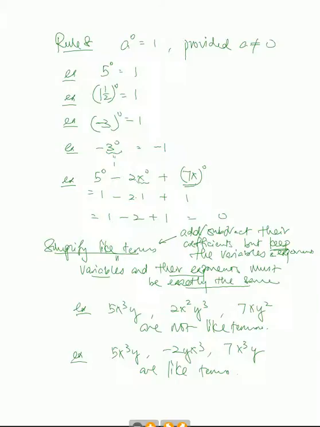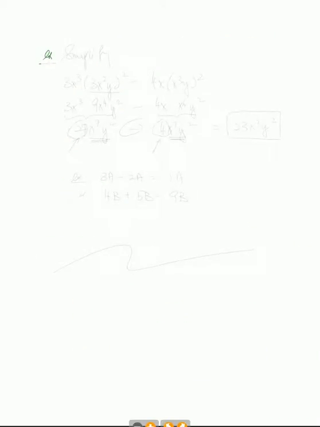So let's apply everything we've learned so far to this problem. Say we ask, can you simplify 3x squared y, the whole thing squared, minus 4x times x cubed y, the whole thing squared?